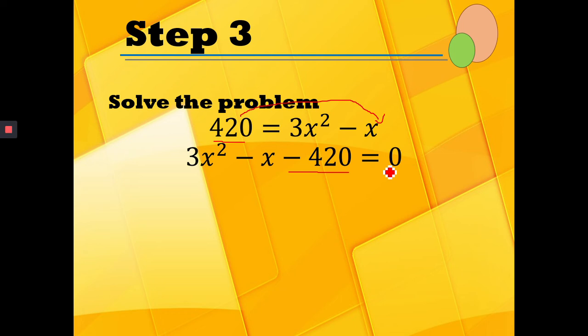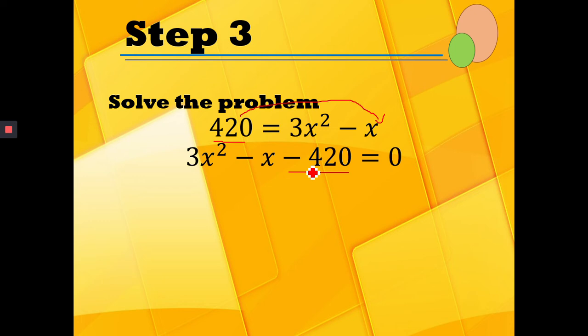Okay? So, sir, paano mo nalaman quadratic? Because, as you can see, the exponent or the highest degree is 2. And look at the form. The standard form of a quadratic is ax squared plus bx plus c equals 0. So, you can easily identify what kind of function this is.